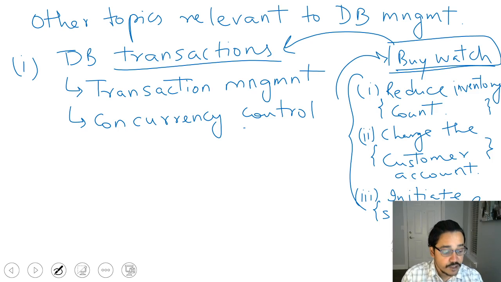You cannot execute reducing the inventory count and then not charge the customer. You cannot charge the customer and then not initiate the shipment process. That is how transactions differ from simple queries. A transaction is a set of relevant queries that needs to be executed as a single logical unit.